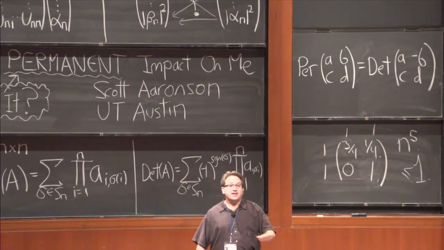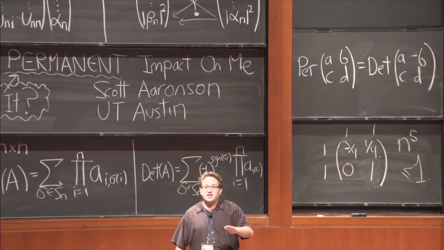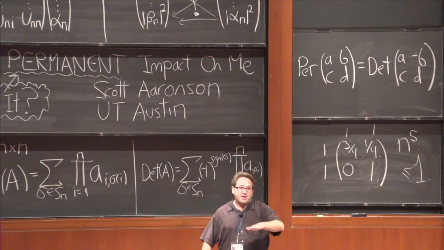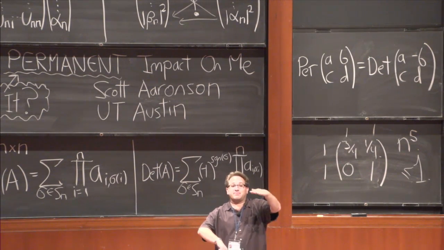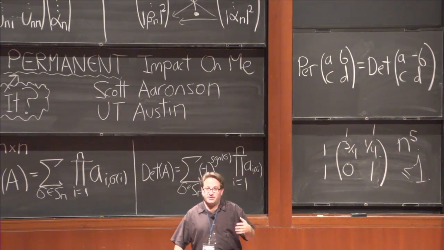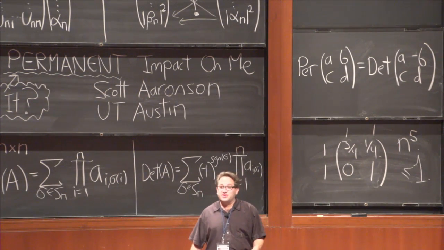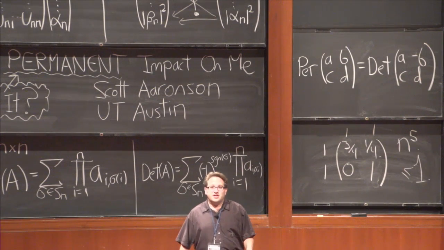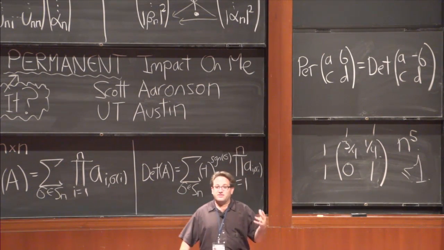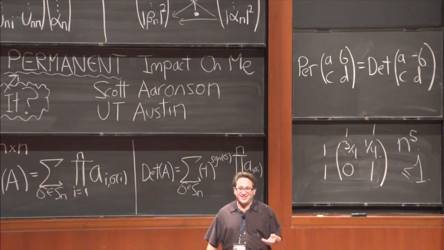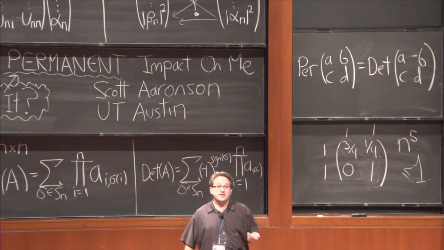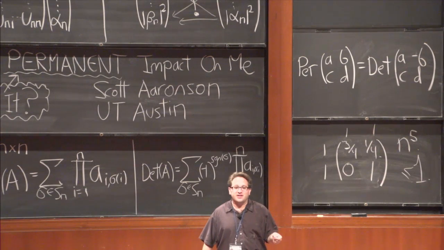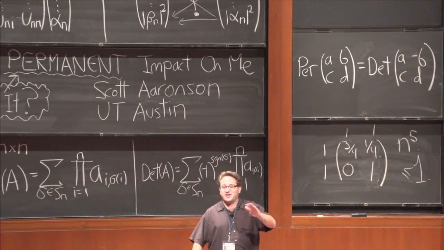Now, another thing we would need here is that there's a floor. That if the permanent is positive, then it's at least some amount, bounded away from 0. There are various ways you could argue that. One is by using a famous result, which is called the Egorychev and Falikman inequality, which says that the permanent of a doubly stochastic matrix is at least n factorial over n to the n.